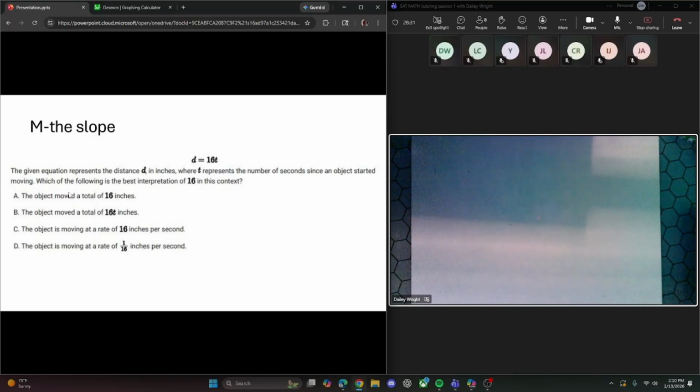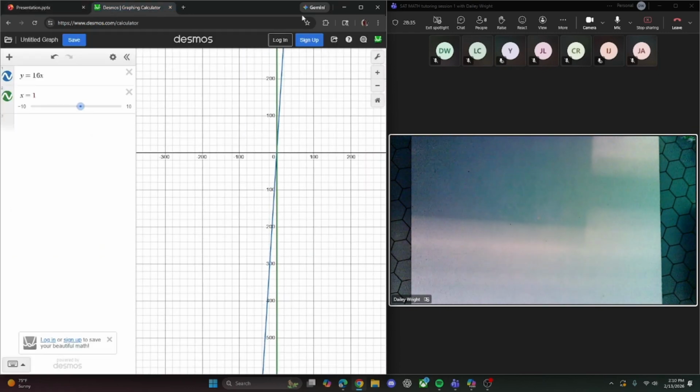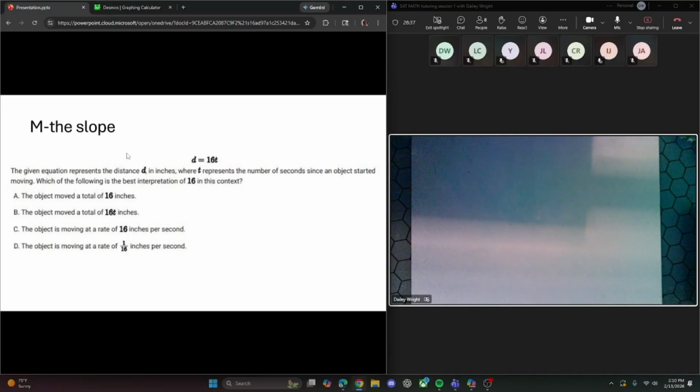So an object moved a total of 16 inches. That's obviously not right because the object can keep going for as long as possible with the equation. An object moved a total of 16t inches. That isn't right either because t is a variable here. T is not a constant, so you can't just say that it moved a variable amount of inches. The object is moving at a rate of 16 inches per second.